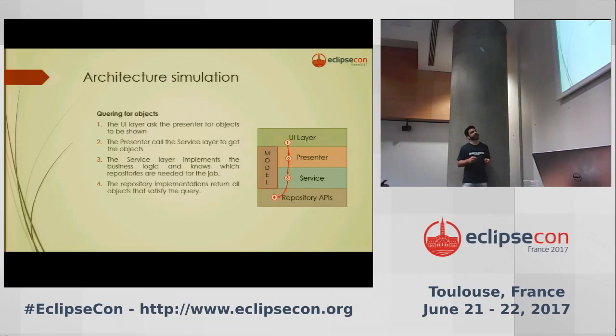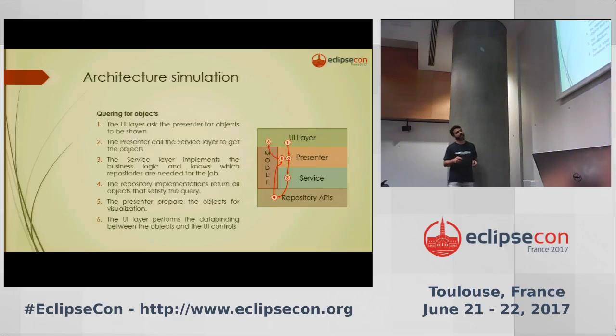Then the repository layer queries the persistence layer and creates the object. The presenter layer prepares the object for visualization, as we will see in the demo. And then the UI layer performs the data binding, so the model object and the UI controls are strictly coupled together.